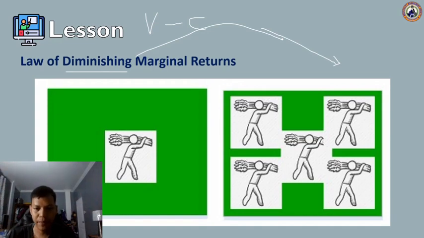I repeat, it predicts the future of the business: the moment you have reached the level of capacity, adding a factor of production will actually result in a smaller increase in output.